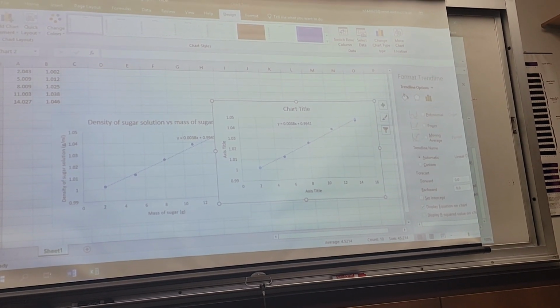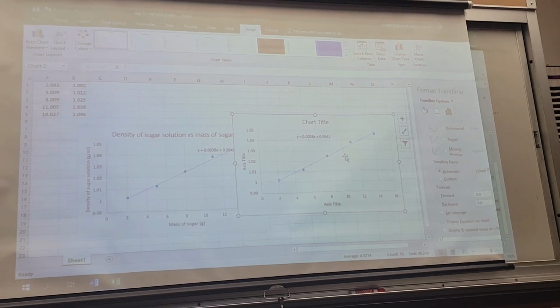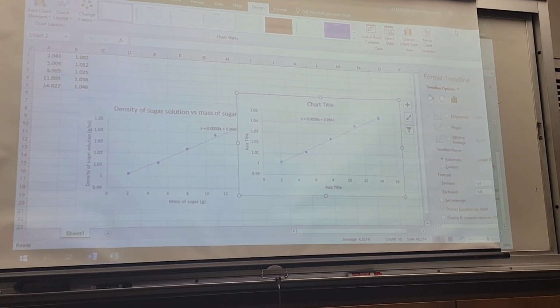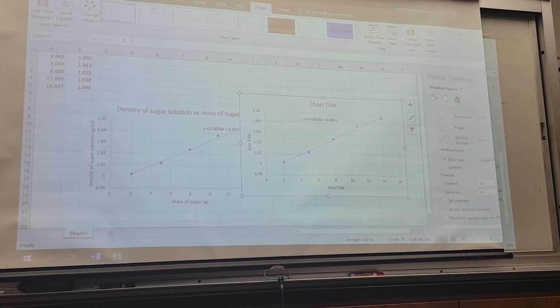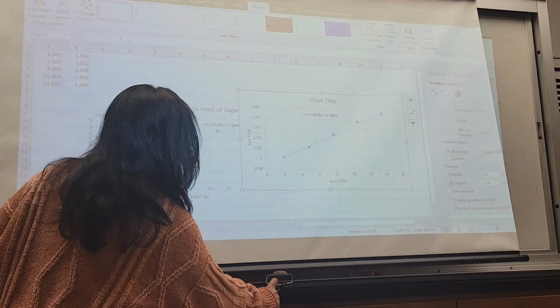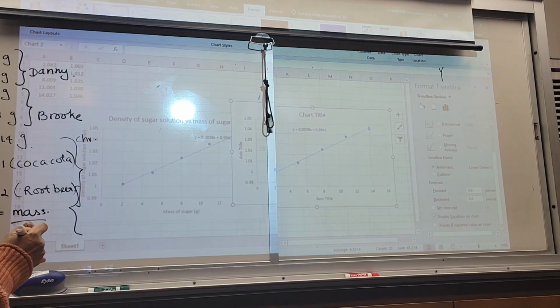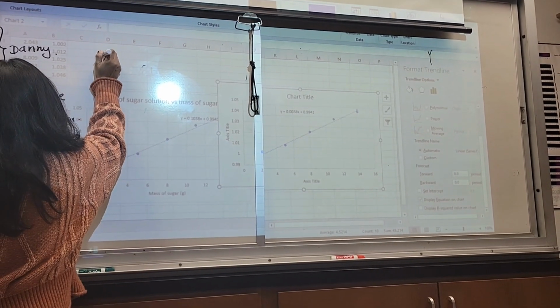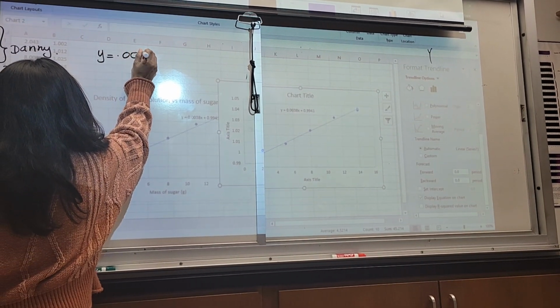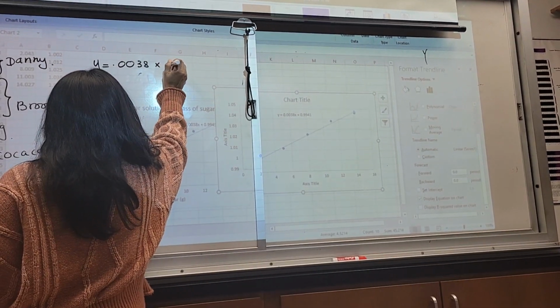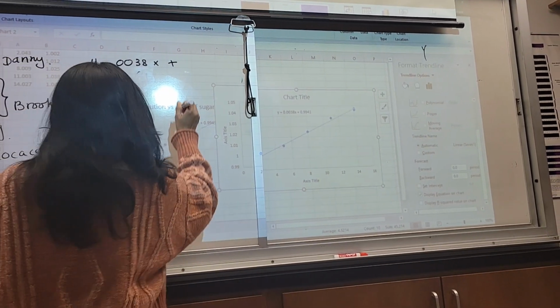We don't need that. So you click this one, then it will show you this equation. We need that equation to do the rest of our calculations. So I'm going to write it over here: y equals 0.0038x plus 0.9941.